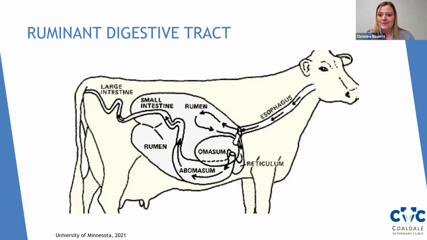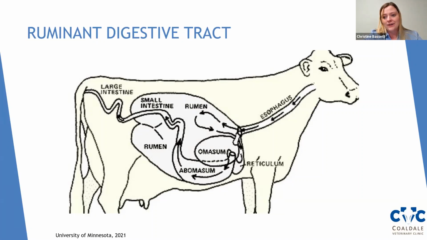And the saliva is awesome because it helps buffer against acids in the rumen, which we'll talk about in a little bit. Once that feed's swallowed, it goes into the reticulorumen, and that's where that feed is going to sit and ferment. It could be sitting in there fermenting anywhere from 1 to 3 days, depending on how digestible that feed is.